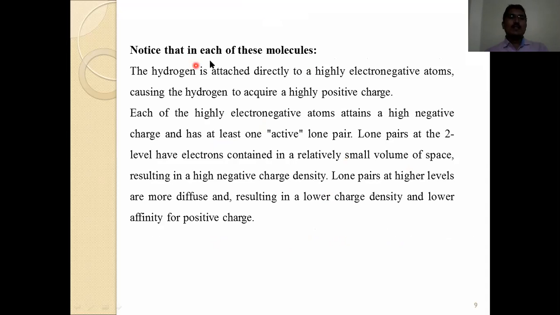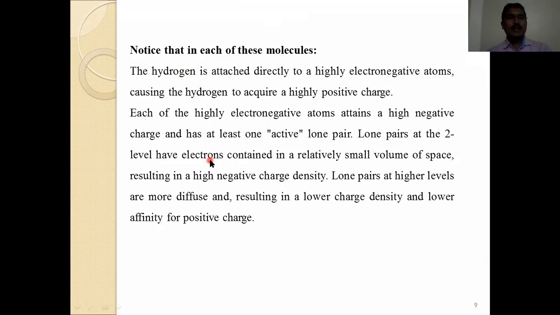Notice that in each of these molecules, the hydrogen is attached directly to a highly electronegative atom, causing the hydrogen to acquire a highly positive charge. Each of the highly electronegative atoms attains a high negative charge and has at least one active lone pair.